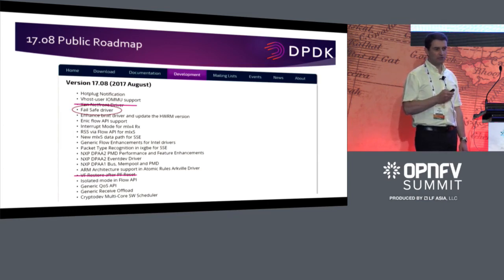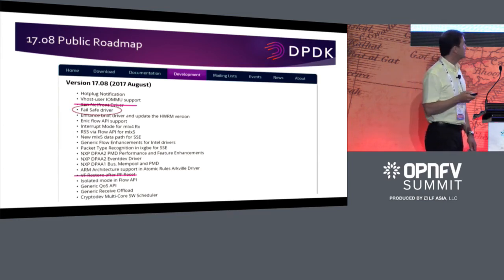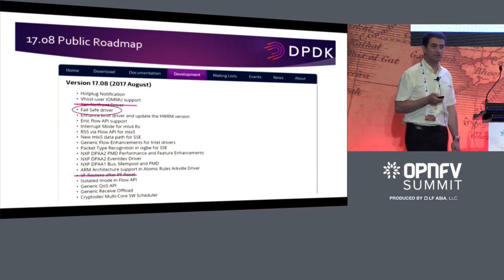One specific non-Intel item that is worth calling out is the fail-safe driver. So we've supported some hot plug capabilities in DPDK for a number of releases now, but it does rely on the application attaching or detaching the relevant device. So it's not a full hardware hot plug capability. The fail-safe driver is work that's being done by Sixwind, which will provide that capability.